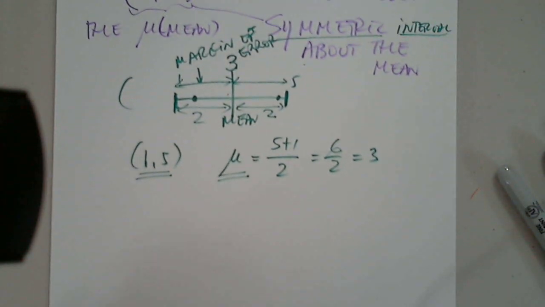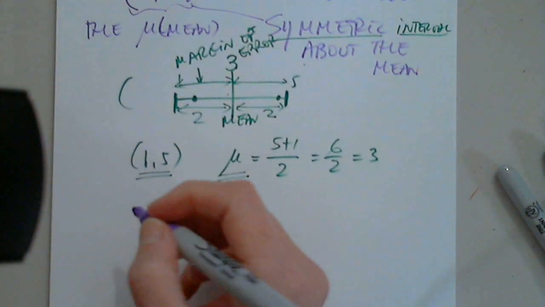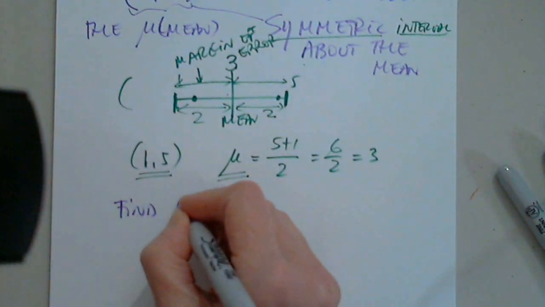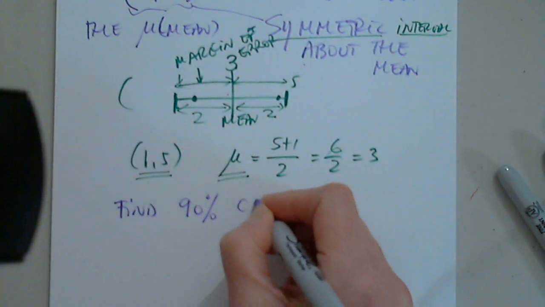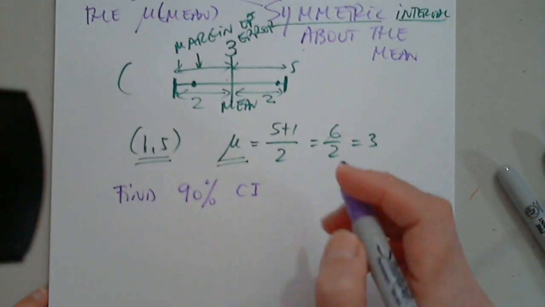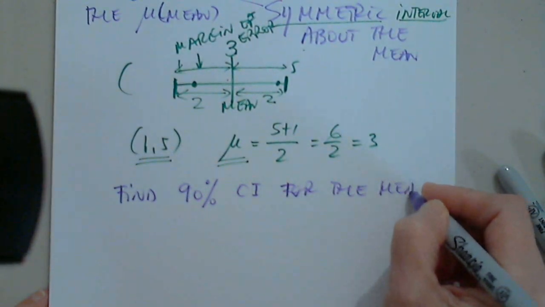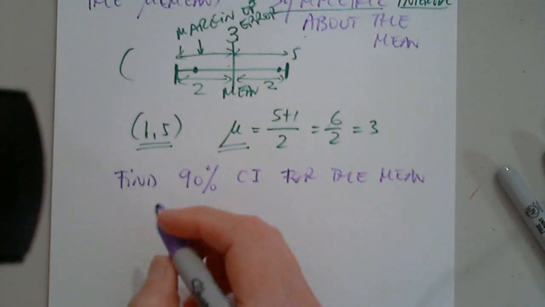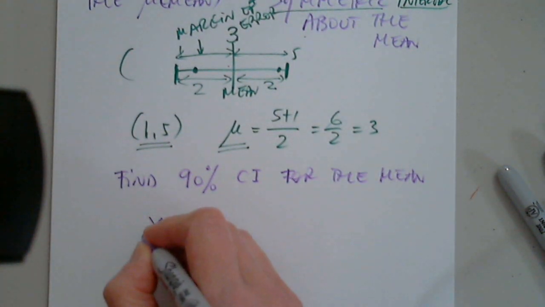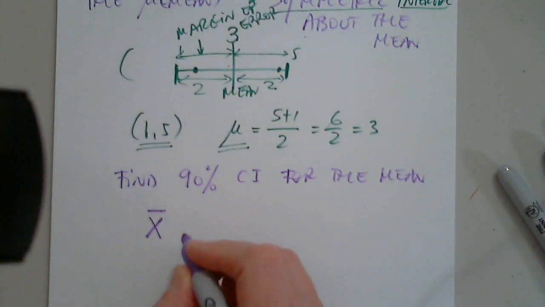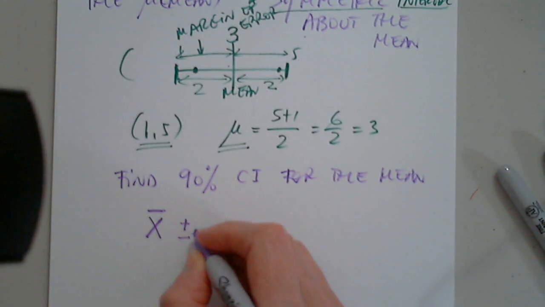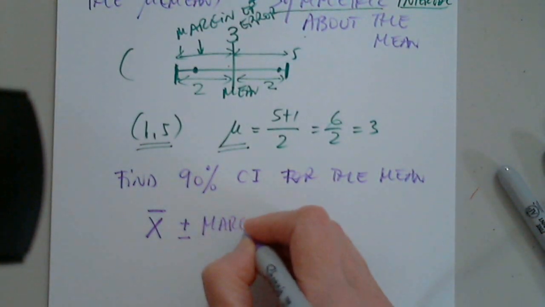Now, when we're asked, let's say, to find a 90% confidence interval for the mean, I have to start with the point estimator and add and subtract the margin of error.